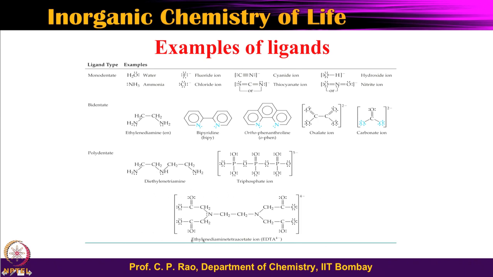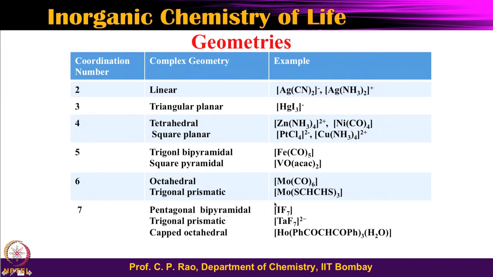EDTA is a famous chelator because it is non-selective and it can bind to many metal ions and chelate them. So, the highest coordination number for EDTA is 6: 1 here, 2, 3, 4, then 5 and 6. Sometimes some of the carboxylates can act either as a monodentate or even as a bidentate, or it can act as a bridging bidentate too. Okay. So, these are some things which you need to learn.